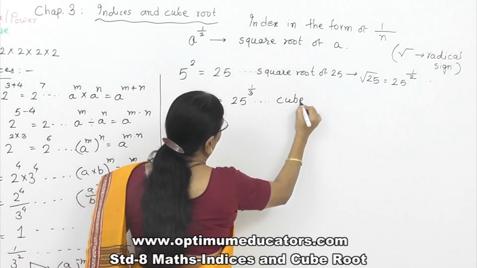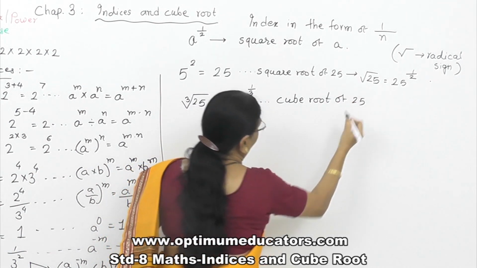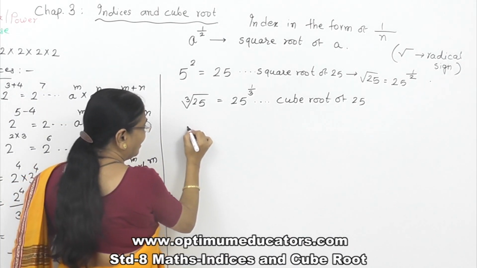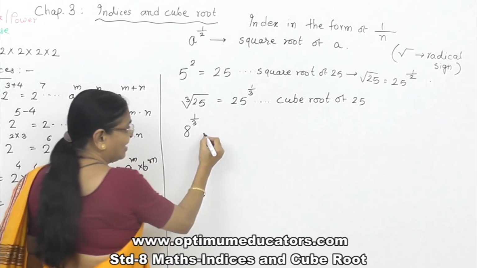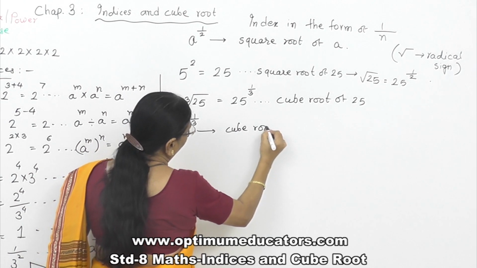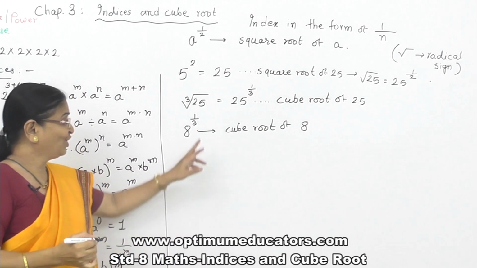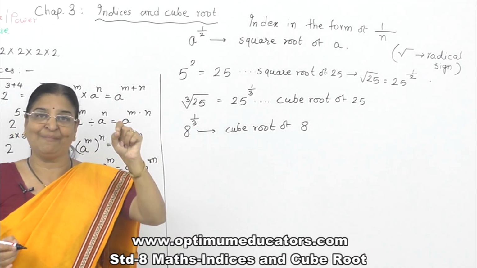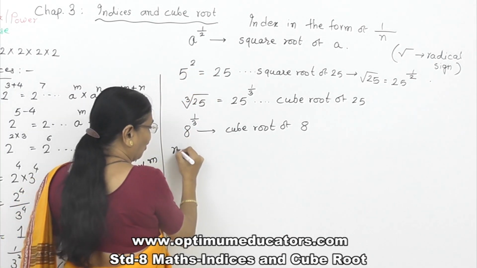Cube root of 25. Any number, of course, you can take. Suppose I take 8 raised to 1 upon 3. Then what will I write? Here it is the cube root of 8. Okay. So now it is the cube root of 8. There is a special name for when n is equal to 1 or 2.